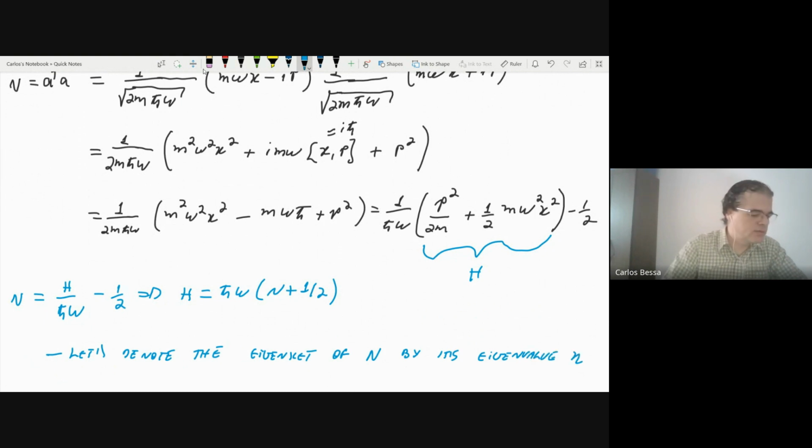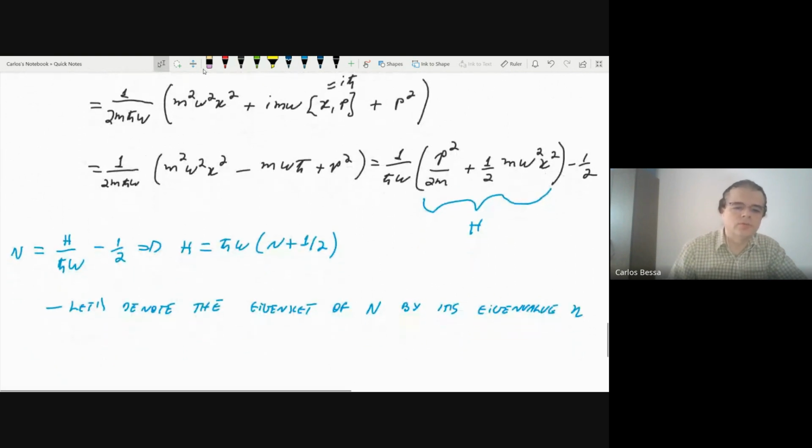Okay. So when this operator N is applied to the eigenket n, I will have the eigenvalue small n. Because this N is Hermitian, this must be real, right?